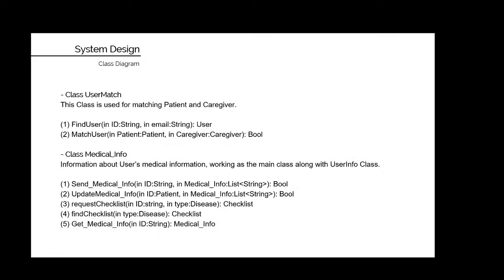Class user match is used for matching patient and caregiver, and it has find user function and match user function. Class medical info is information about users' medical information, working as the main class along with user info class. It has 5 functions: send medical info, update medical info, request checklist, find checklist, and get medical info.